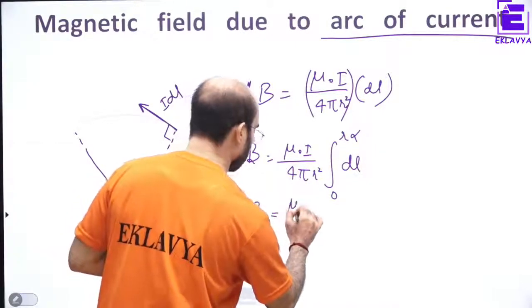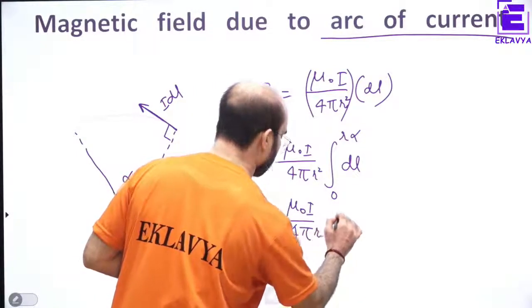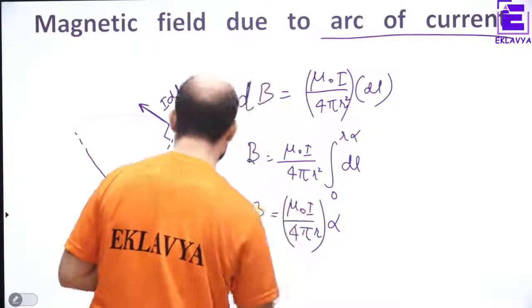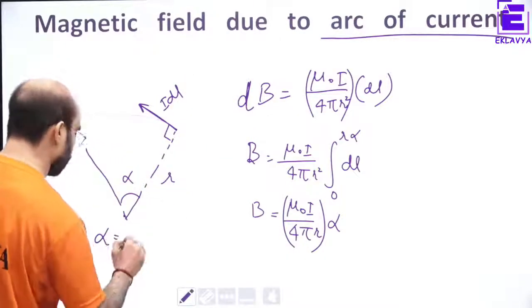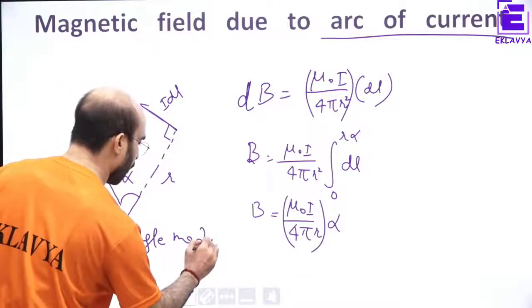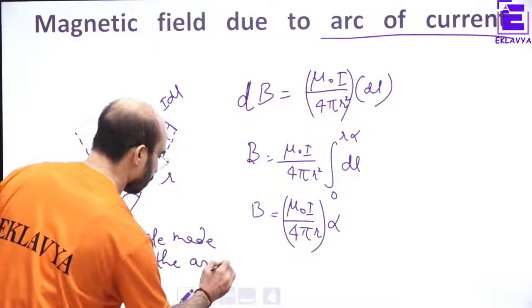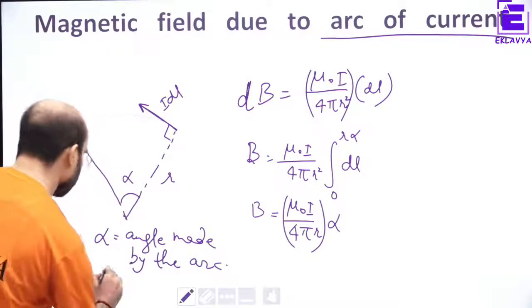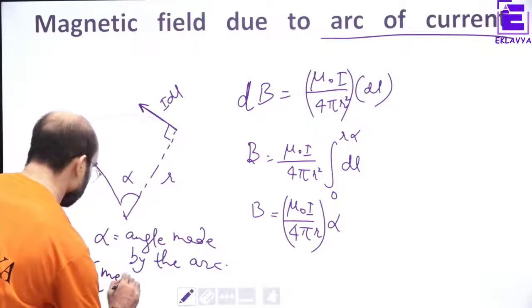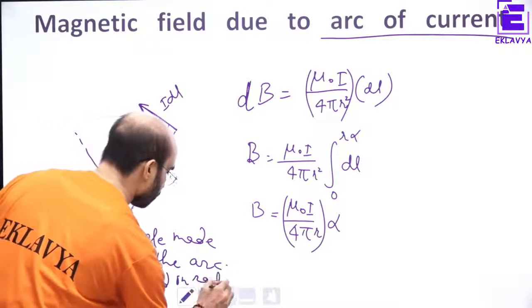B equals mu naught I by 4 pi r into alpha. Alpha is measured in radian. Alpha, angle made by the arc, measured in radians, right?